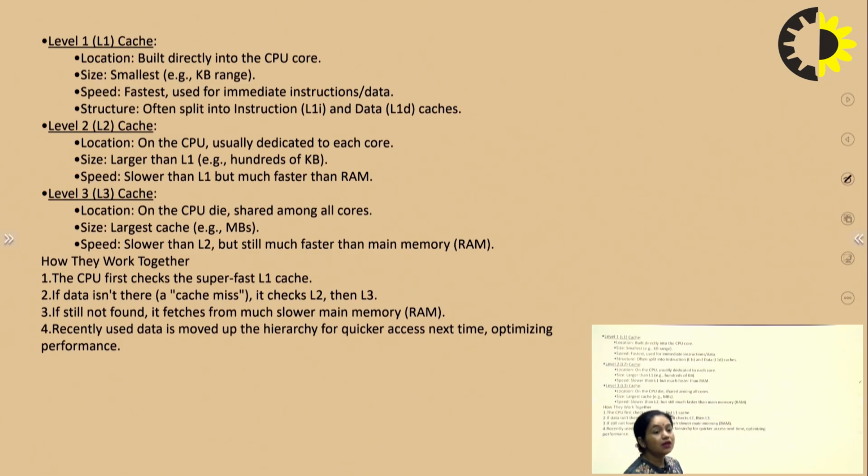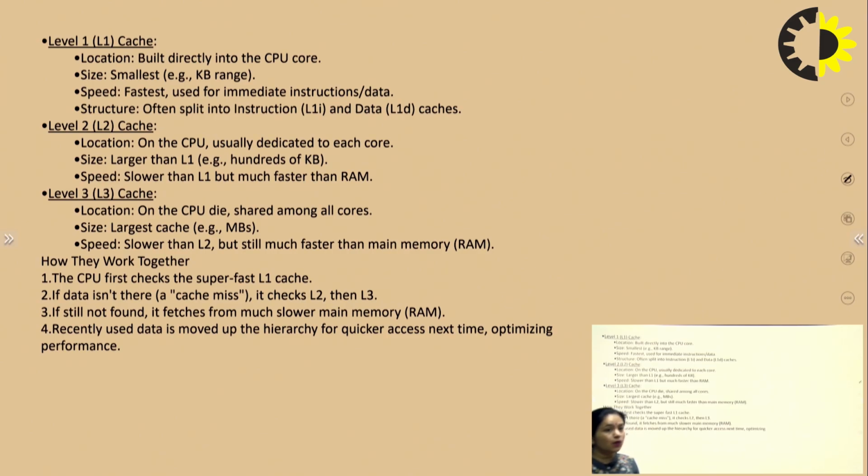Structure will be split into instruction and data cache. Level 2 is on the CPU, usually dedicated to each core, and larger than L1, so it will be larger and slower than L1.